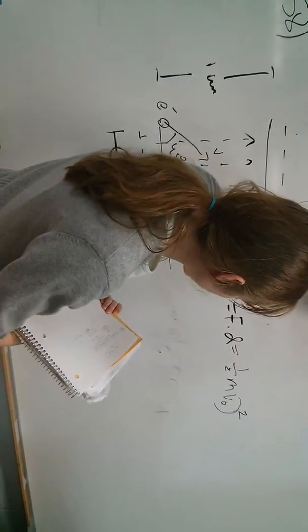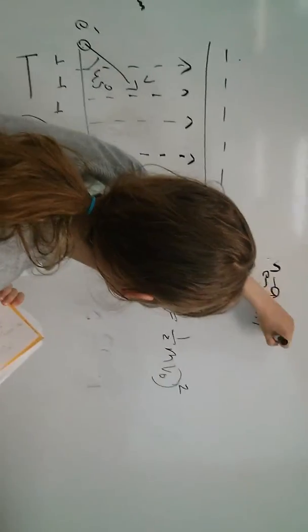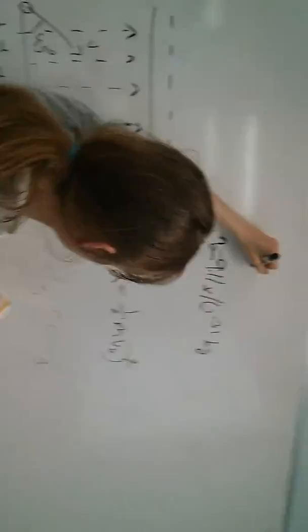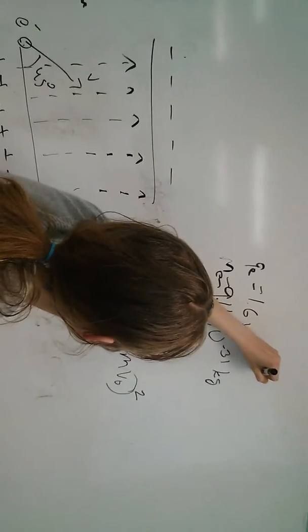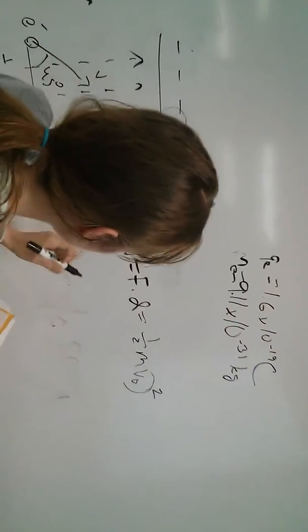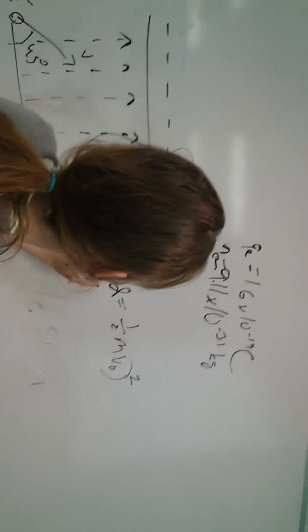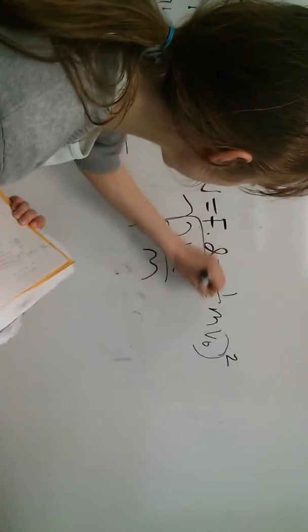The mass of an electron is 9.11 times 10 to the negative 31 kilograms. And the charge of an electron is 1.6 times 10 to the negative 19 coulombs. So here you can bring the 1/2 over to the other side, divide by the mass, and take the square root.